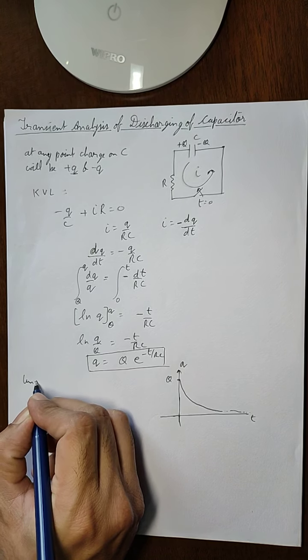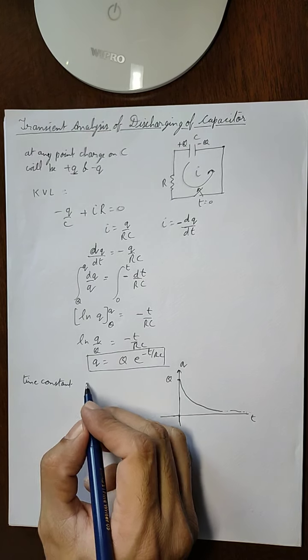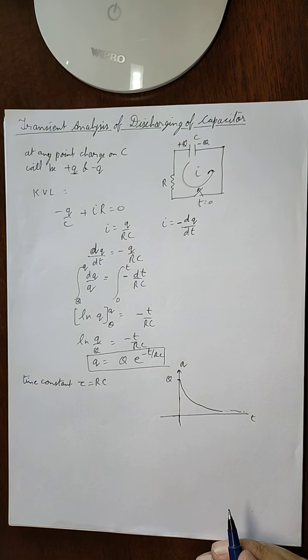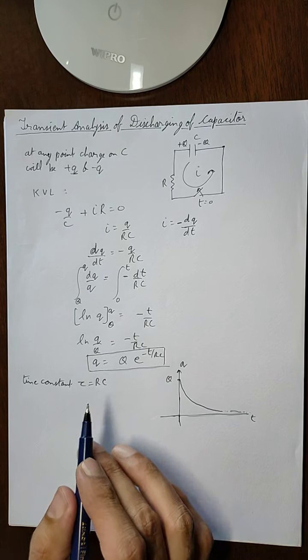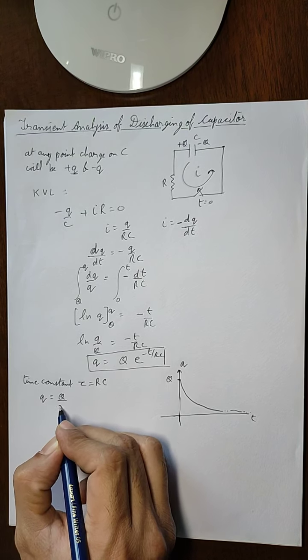Now the time constant, as we studied in the charging of the capacitor, here also we have the same time constant, which we take as tau equals RC. If we apply this, then the value of charge will be Q by e.